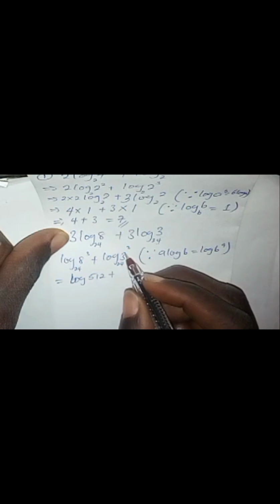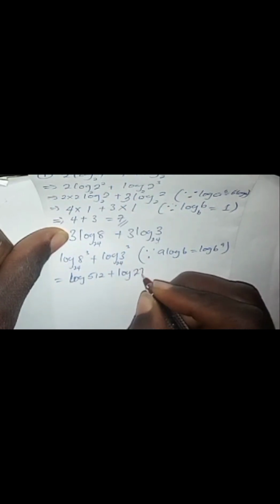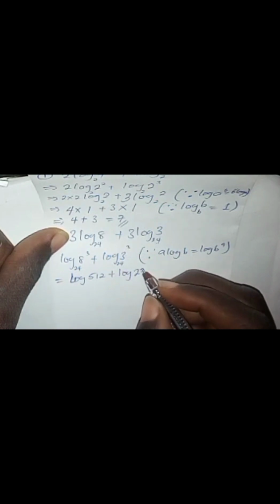From here, you can see that 8 raised to the power 3 is the same thing as 8 times 8 times 8, that is, log of 8 times 8 times 8 is 512, plus also this log of 3 cubed is the same thing as log of 27, because 3 times 3 times 3 is 27.